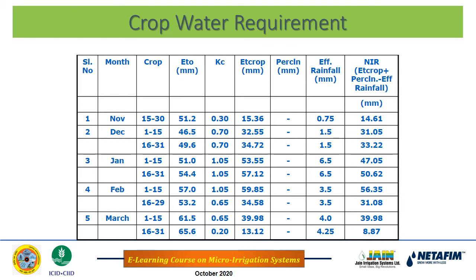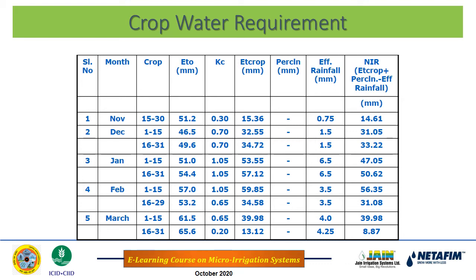Then accordingly we put the crop coefficient values depending upon the stage of development of the crop. Then when we multiply the ET0 value by this, we get ET crop. So that is the crop evapotranspiration requirement or crop water requirement during those fortnights of the month. And this value you see is in depth of water.